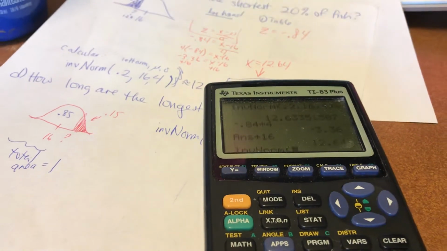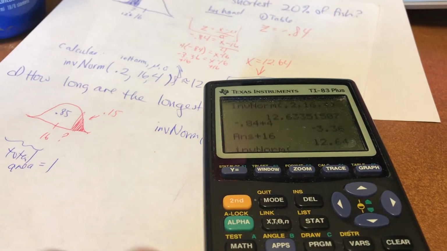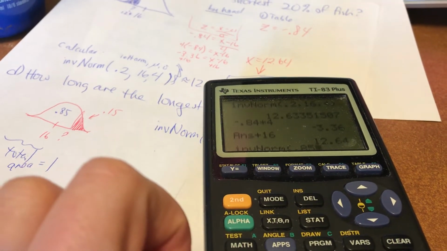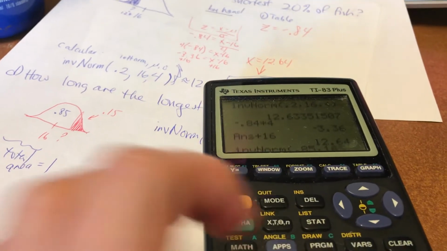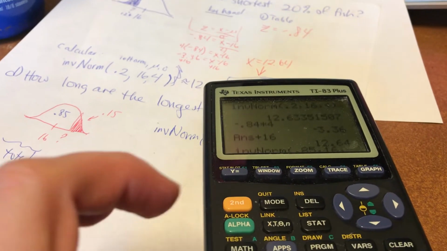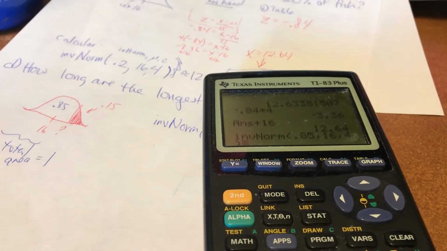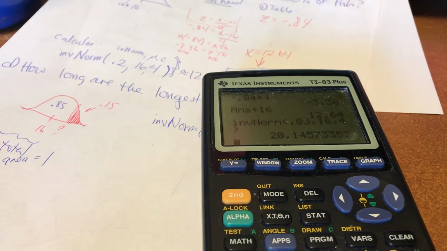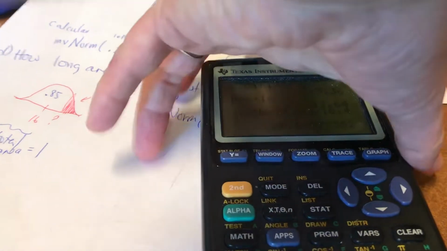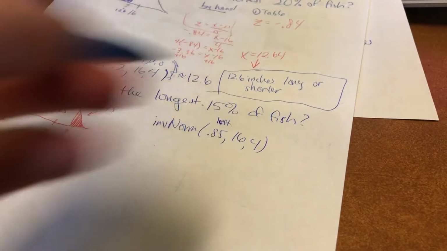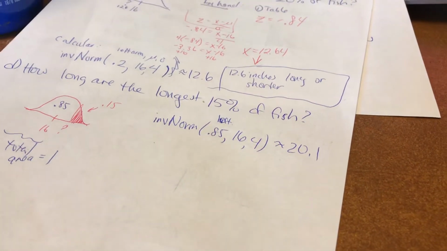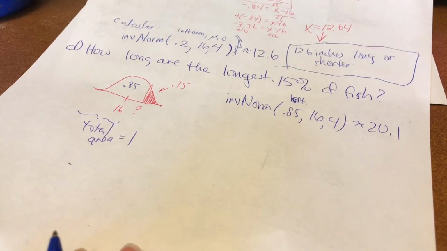Inv norm is number 3. My left area was 0.85, comma, my mean was 16, comma, my standard deviation was 4, close my parentheses. And I get 20.1 about. We will describe what this means after we do it by hand once as well.